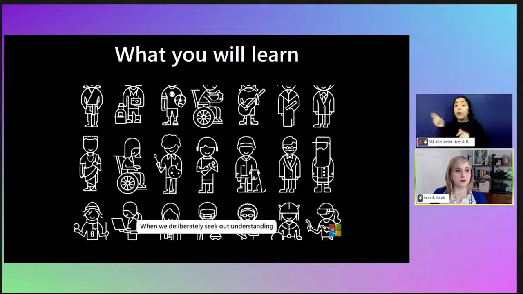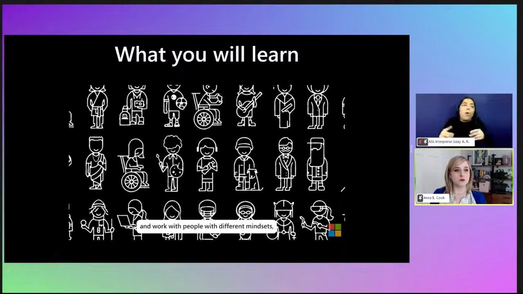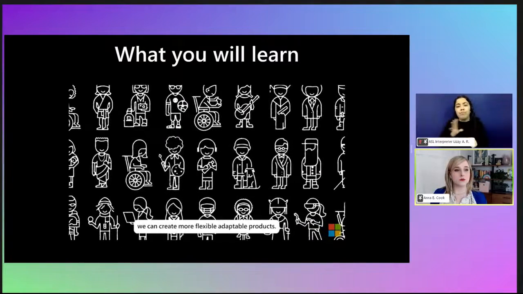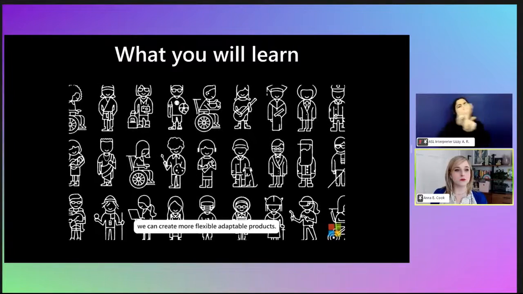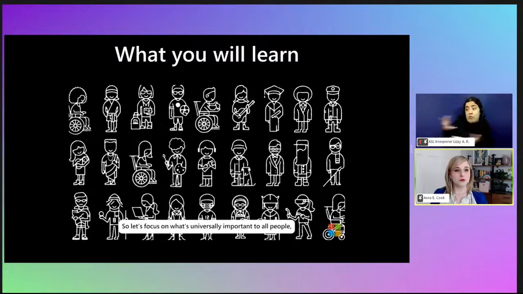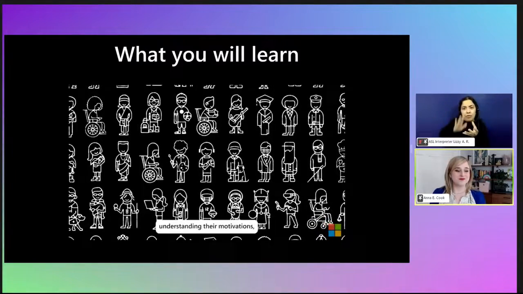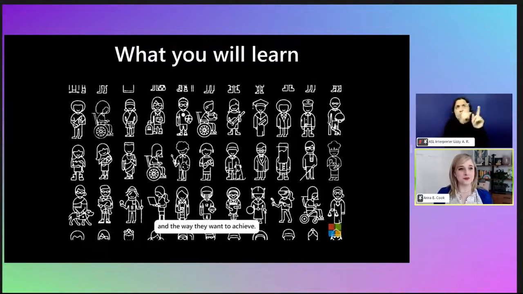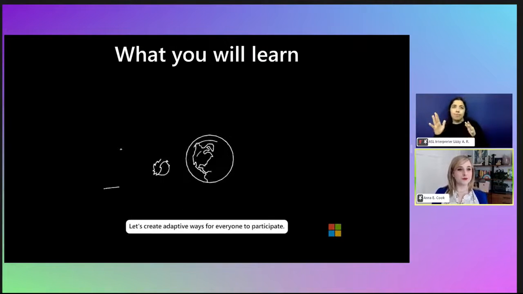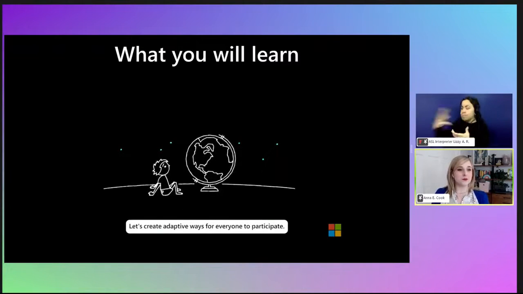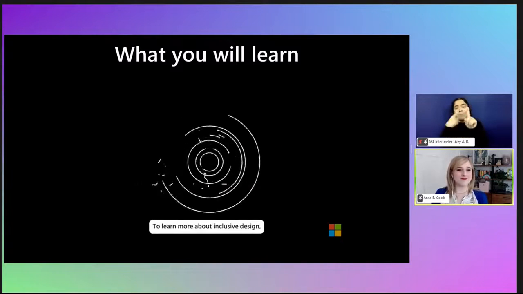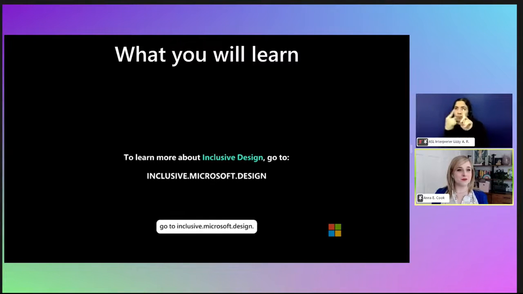When we deliberately seek out understanding and work with people with different mindsets, we can create more flexible, adaptable products. So let's focus on what's universally important to all people, understanding their motivations, what they're trying to accomplish, and the way they want to achieve. Let's create adaptive ways for everyone to participate. Only then will we be able to create something everyone can use to reach their goals. To learn more about inclusive design, go to inclusive.microsoft.design.